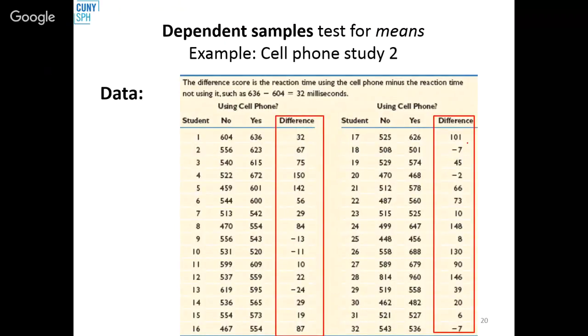So in this one, instead of using 32 students in each group, we're just using 32 students in total, and for each one we have 2 observations.